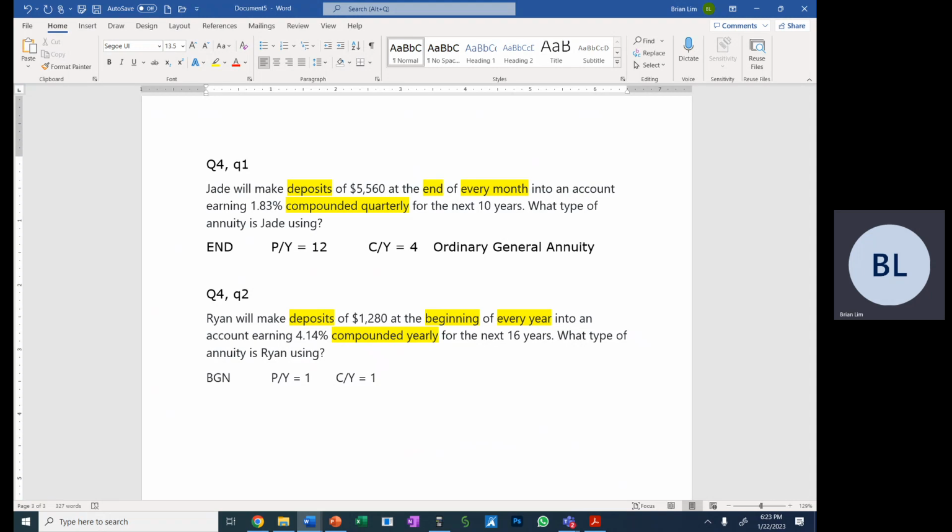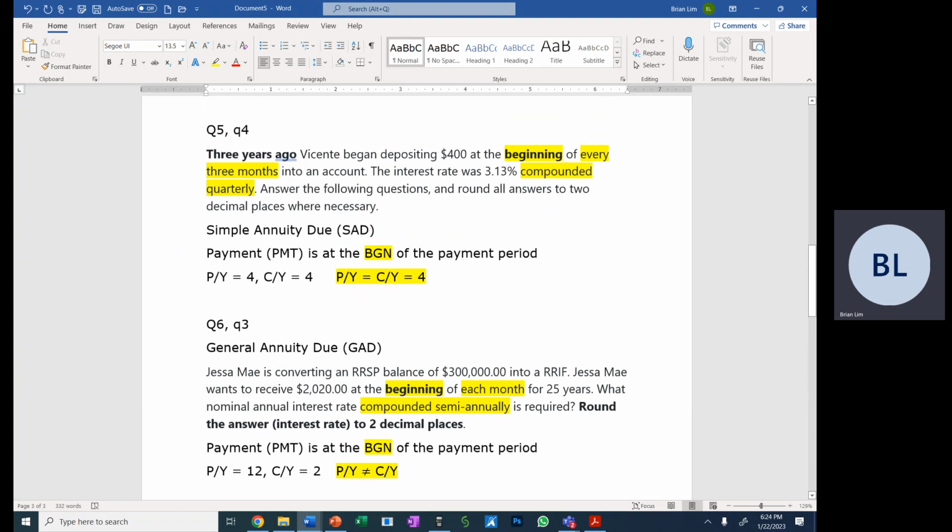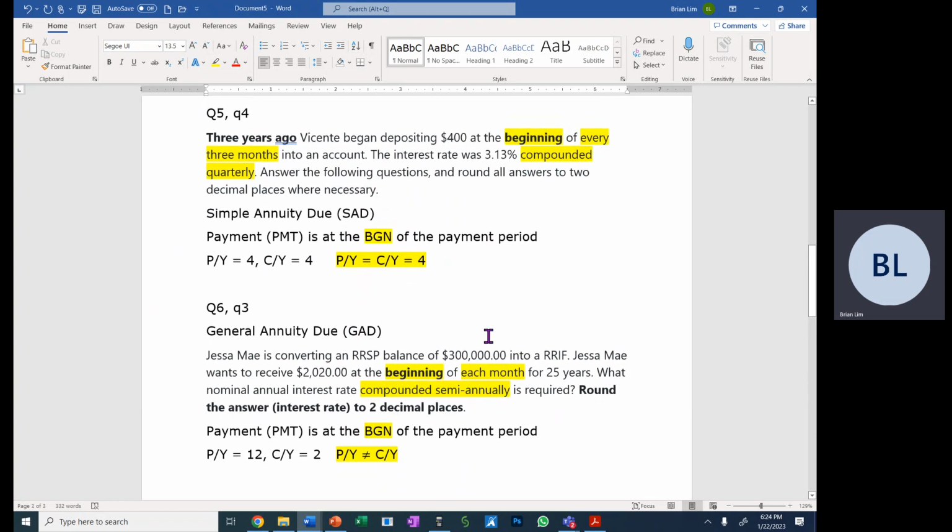So we have an annuity that's what? Well, it's begin, and PY is equal to CY, equal to 1. And so that would be what kind of annuity? Well, let's go back. These annuities are the ones where payments are at the beginning. So this seems to be the one.